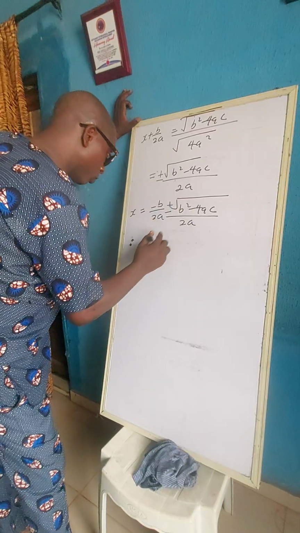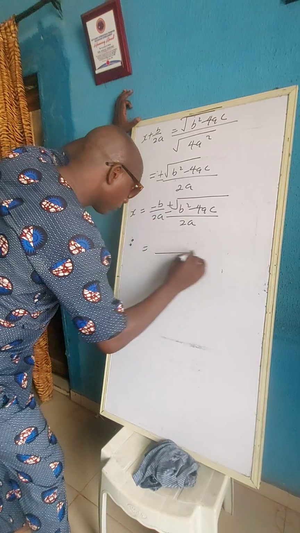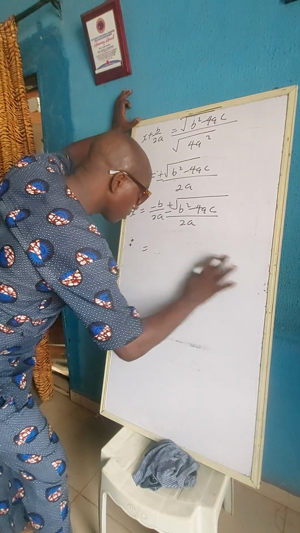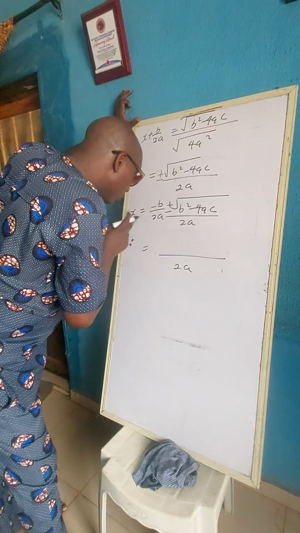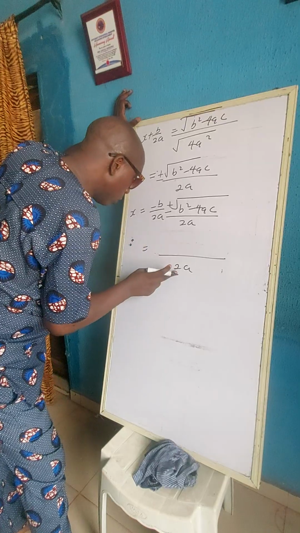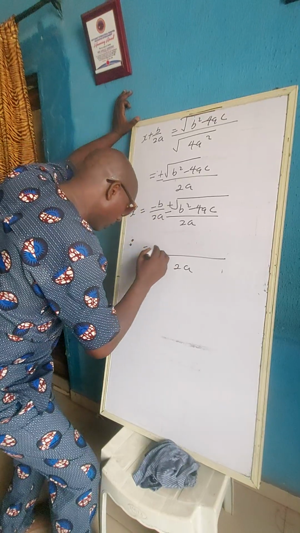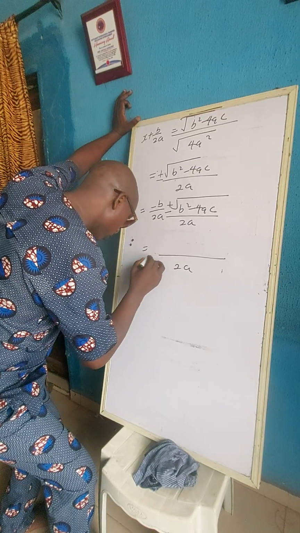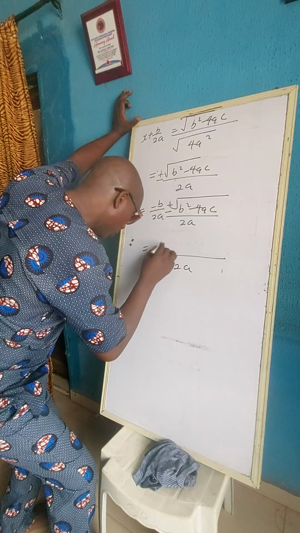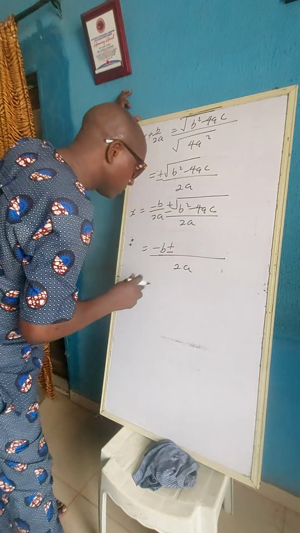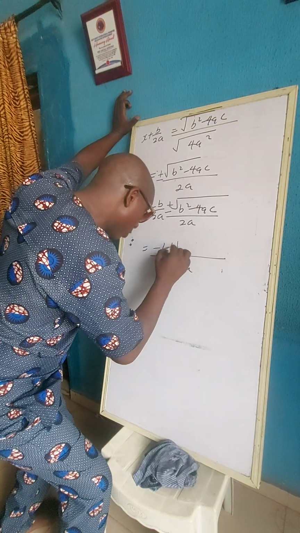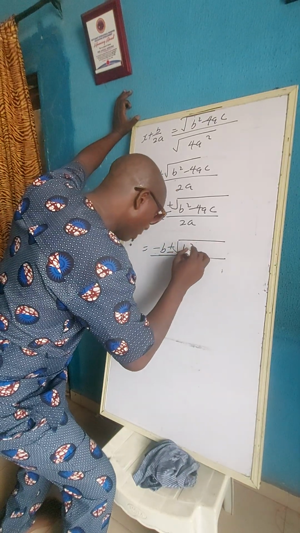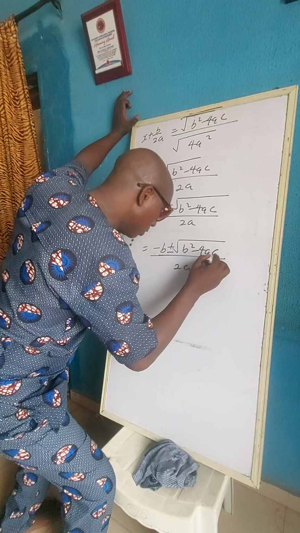LCM 2a. 2a in 2a, 1 times minus b. Minus b plus or minus, 2a in 2a, 1 times this one, it becomes square root b squared minus 4ac.